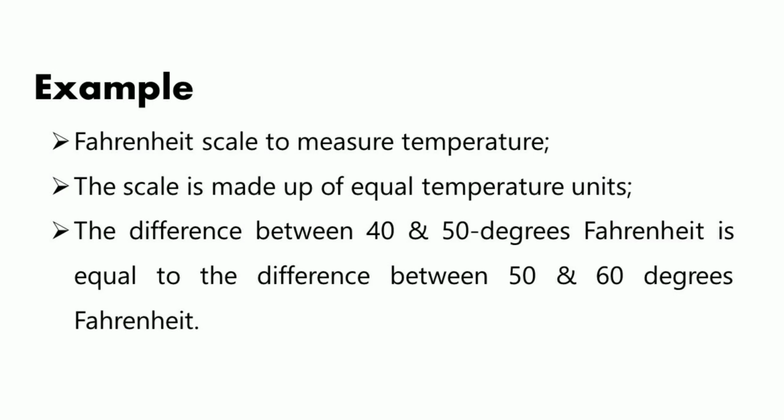With an interval scale, you know not only whether the values are bigger or smaller, you also know how much bigger or smaller they are. For example, suppose it is 60 degrees Fahrenheit on Monday and 70 degrees Fahrenheit on Tuesday. You know not only that it was hotter on Tuesday, you also know that it was 10 degrees hotter.